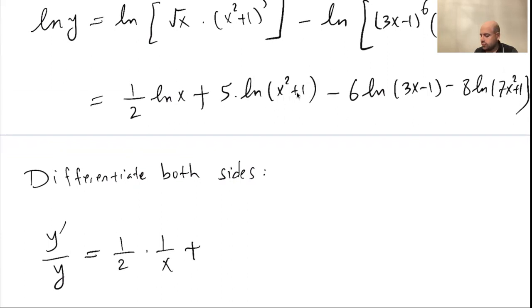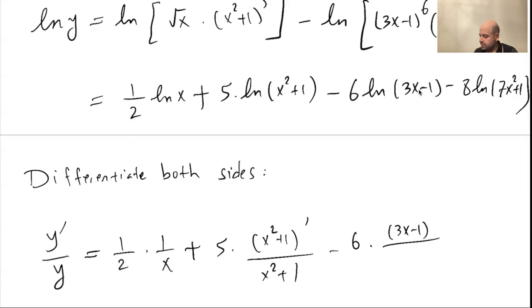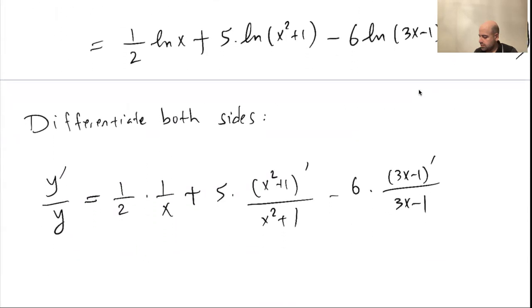Ln u, we said what? u prime over u. So 5 times x squared plus 1 derivative divided by x squared plus 1, minus 6 times, similarly this one, ln u, derivative is u prime over u, minus 8 times 7x squared plus 1 derivative divided by 7x squared plus 1.